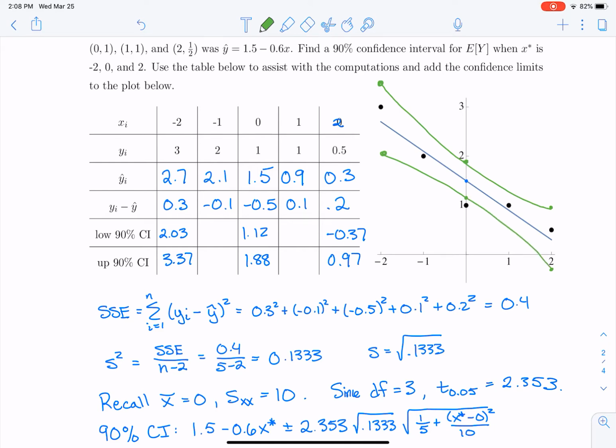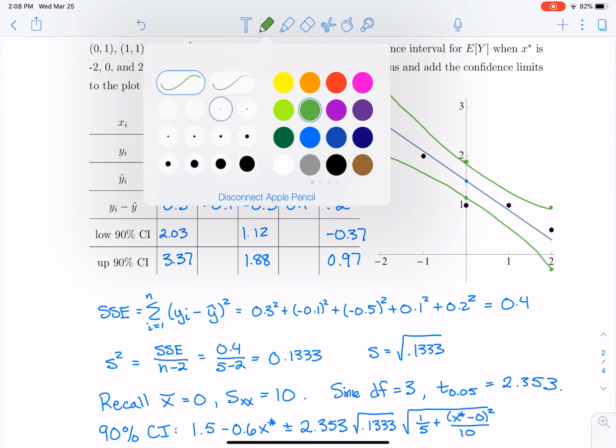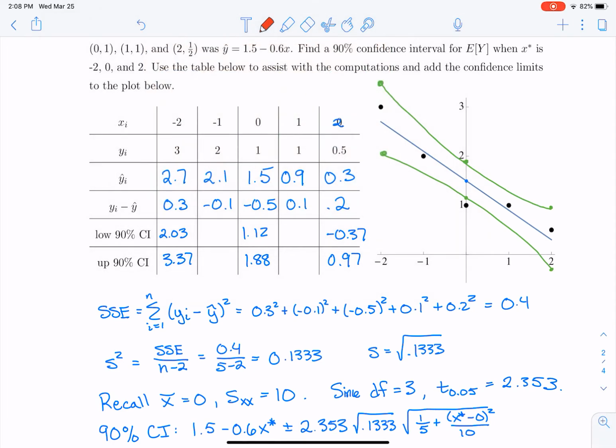And I want you to see that this interval is actually narrower here than it is at the ends. So it's narrower at the middle than it is at the ends. And that's actually a feature of these confidence intervals around the regression line. I also want you to notice that this confidence interval for the mean does not necessarily include all of the data points.